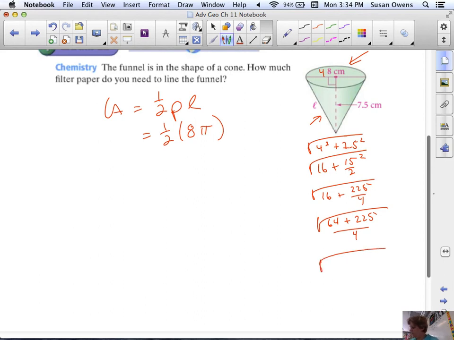So this will be the square root of 289/4, and it turns out it's a nice perfect square. It is 17 halves. And so now once I have that, I can call that the slant height, so that'll be 17 halves. And then if I multiply this out, so that'll be 4 divided by 2, so this will be 34 pi centimeters squared.